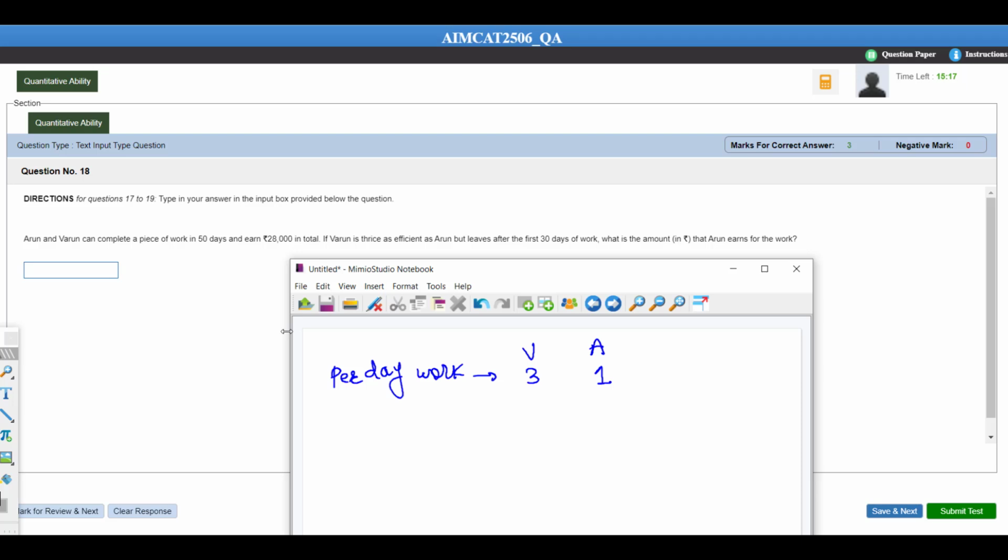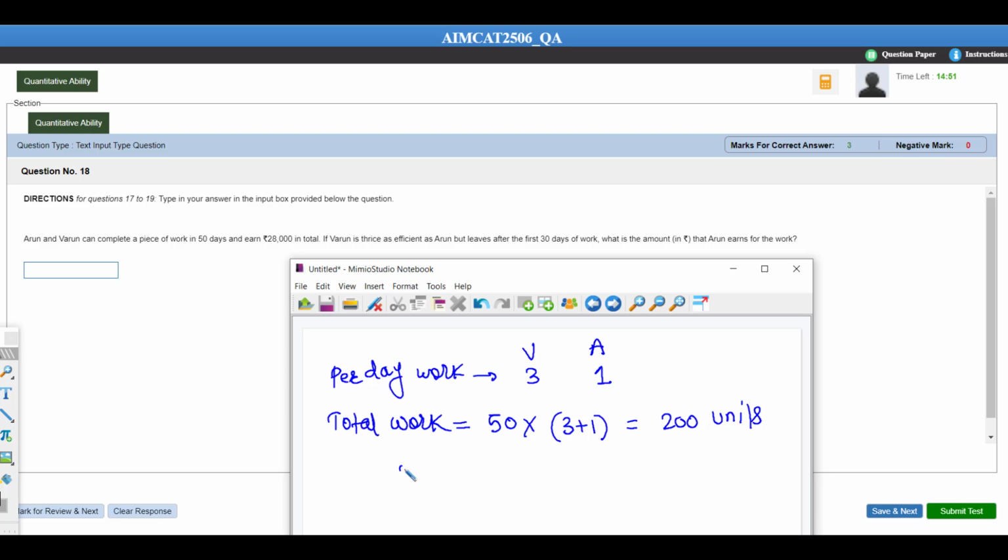Now, Arun and Varun can complete a piece of work in 50 days together. So when they work together, they need 50 days. So total work is going to be how much? 50 days into 3 plus 1 is their per day work. Total work is going to be 200 units. Now they are going to work together only for 30 days.